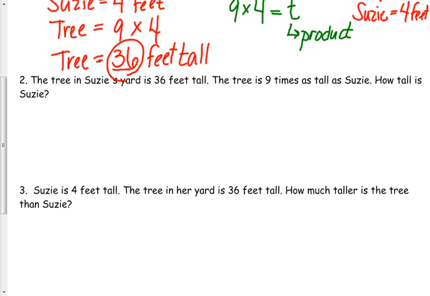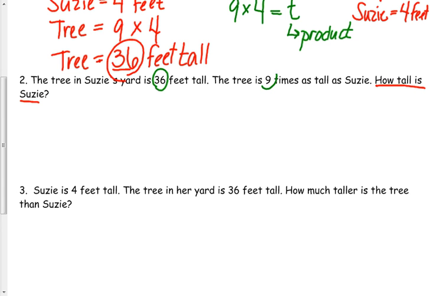So 2, the tree in Susie's yard is 36 feet tall. The tree is 9 times as tall as Susie. How tall is Susie? So Susie is our missing information. That's our question. So let's go through and circle our important information first, as we always do. We're going to need 36.